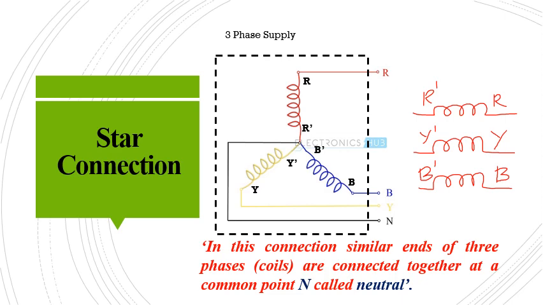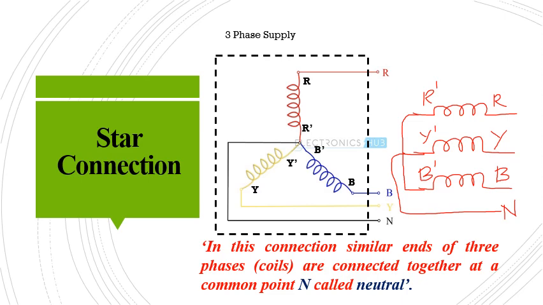So the similar ends are connected together, so we will be connecting R dash, Y dash and B dash, and this common point is taken outside and denoted as neutral. So R, Y, B and neutral. Both are the same connection wise, but the representation is a bit different.